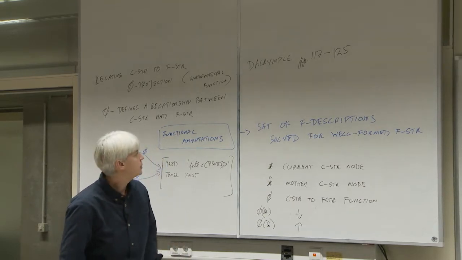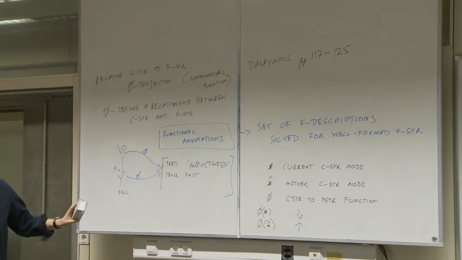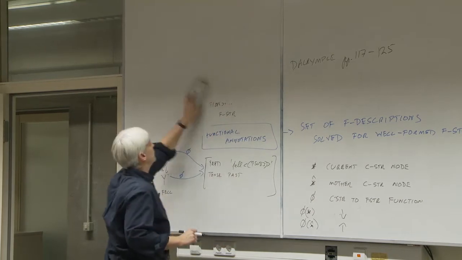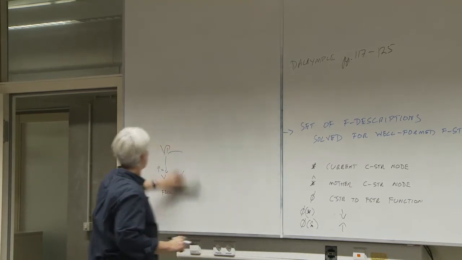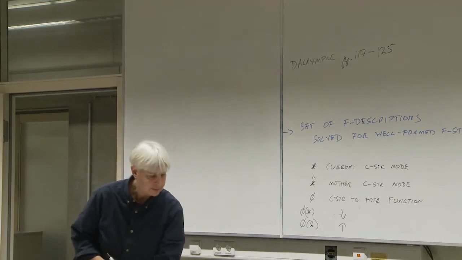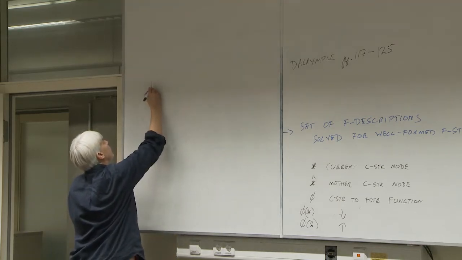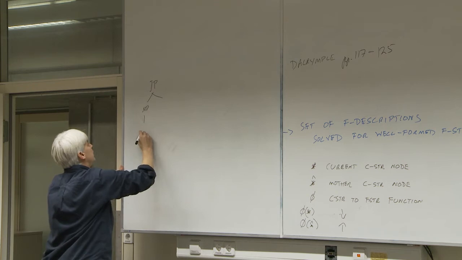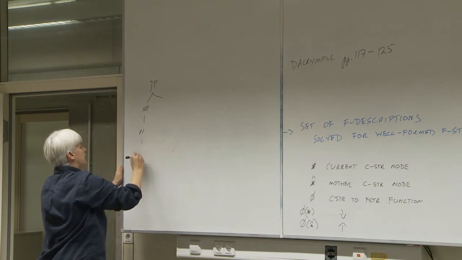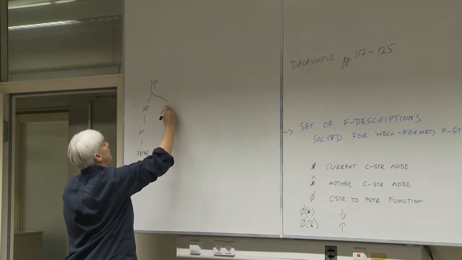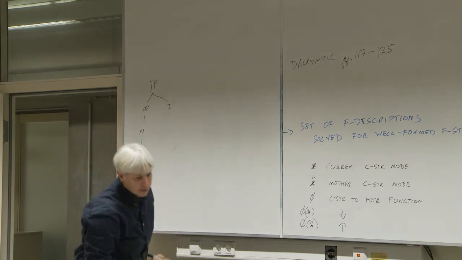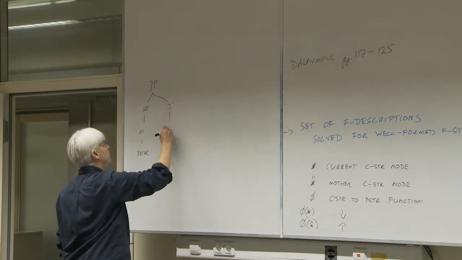I'm going to take the example from Mary's book. We have an IP that has an NP here, and that just goes to an N, and that'll be Peter. And we have an I bar, and we don't have any I. We just go directly to VP.